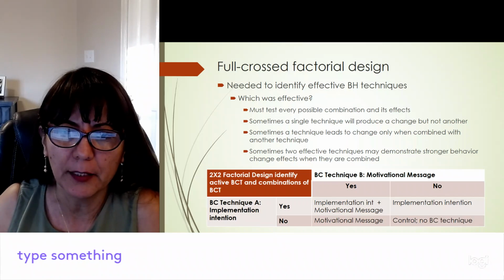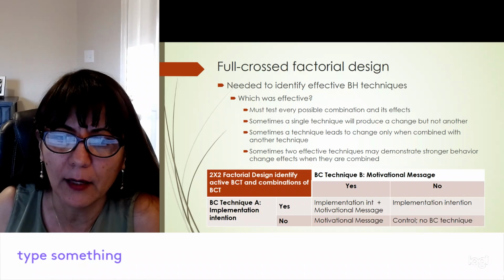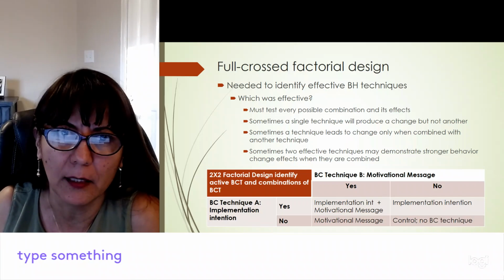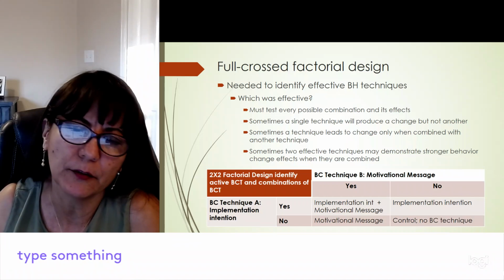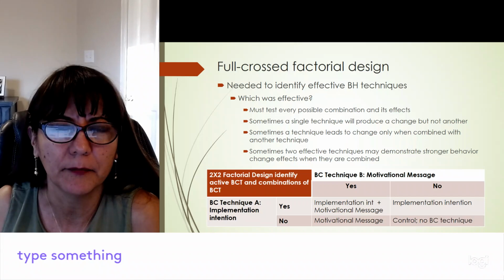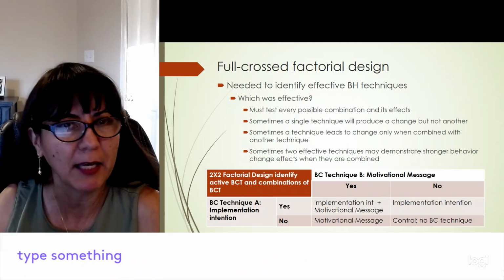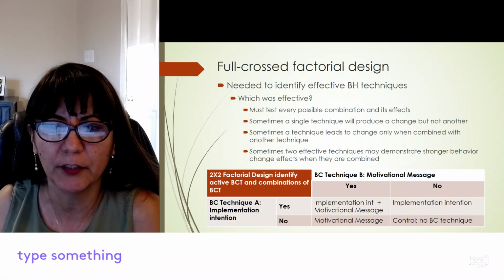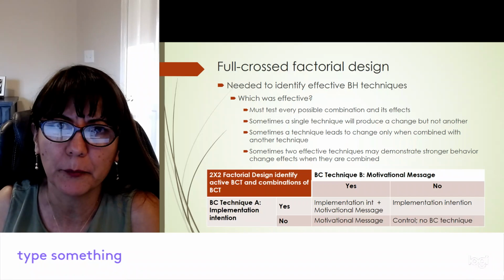The other group is only going to get the implementation intention type of behavior change technique implemented. And then another group is only going to get motivational messaging, nothing else as their intervention. And then a fourth group is going to get absolutely no behavior change technique, no nothing. They're just the control group for comparison.